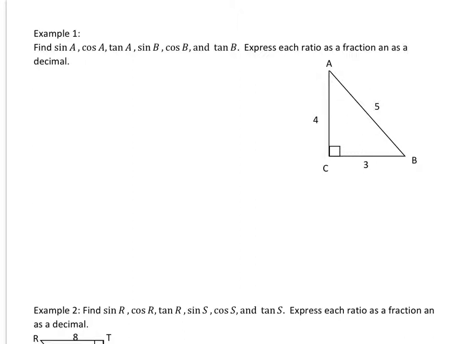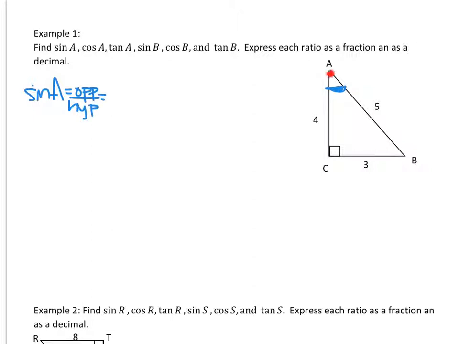So our first example, find sine A, cosine A, tangent A, sine B, cosine B, and tangent B. Express each ratio as a fraction and as a decimal. So let's work with angle A first. So that's going to be this angle here. So sine A is going to be opposite over hypotenuse.